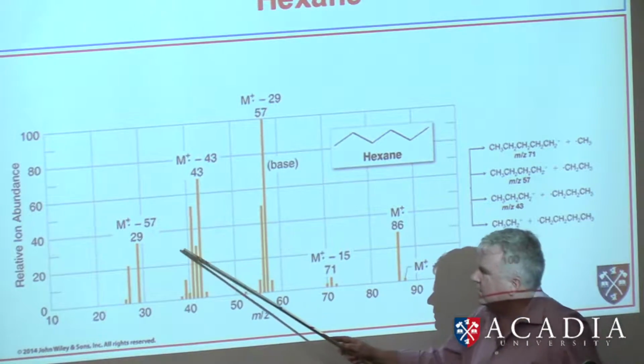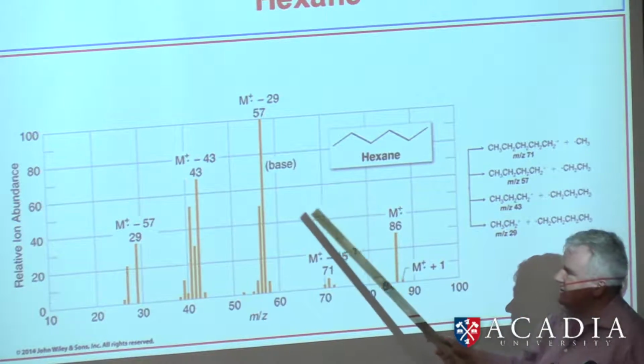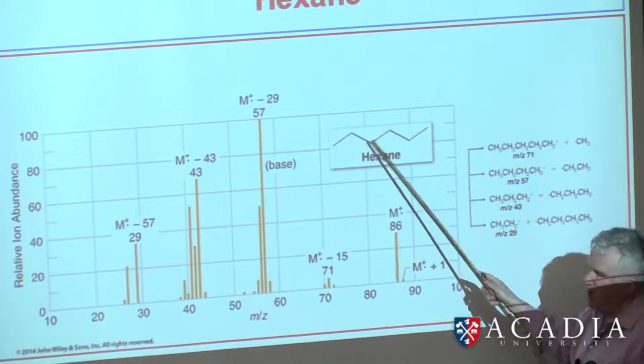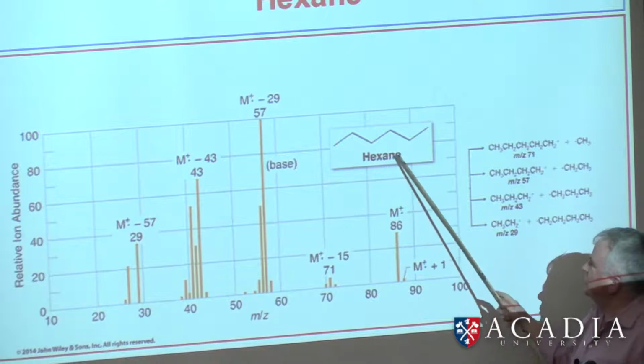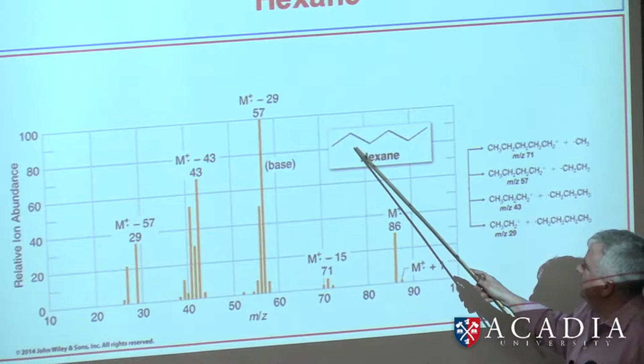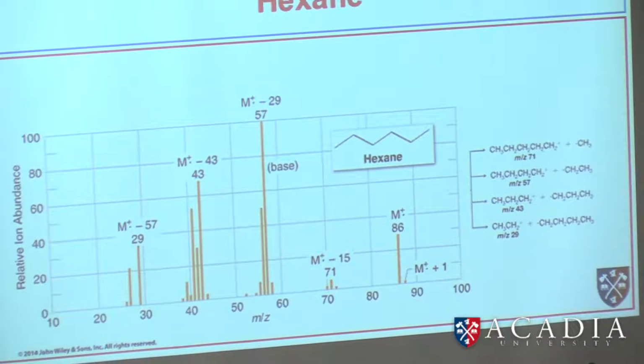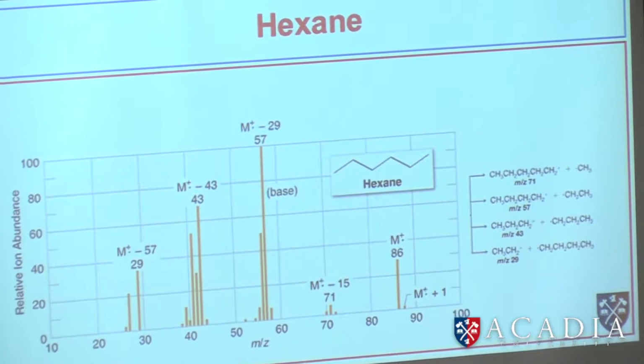And then these get progressively smaller. This is just a statistical distribution because the bond strength for each of these internal bonds is about the same, but we can break this bond or this bond to see this fragment. So we get a much larger peak for that.